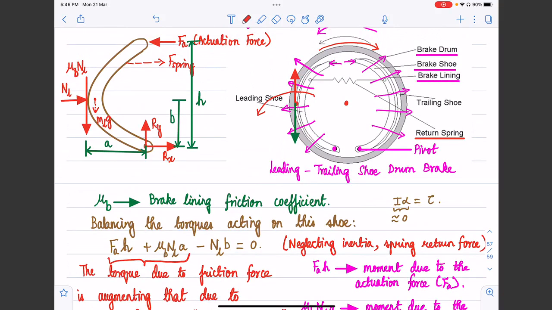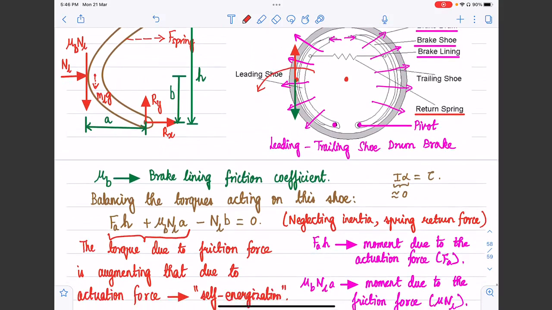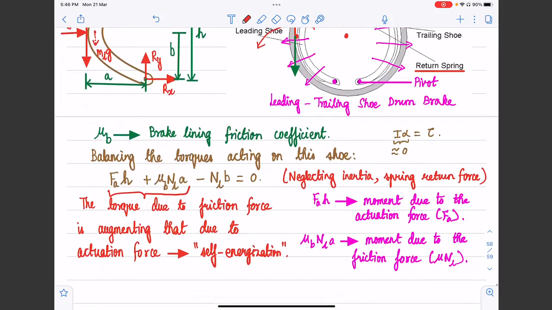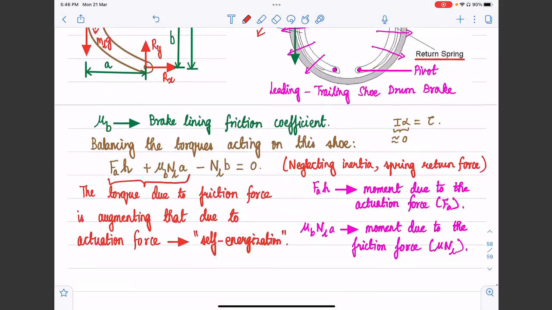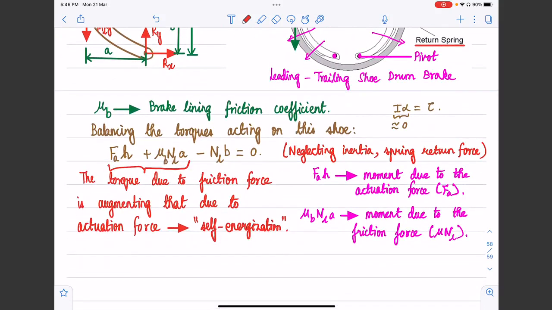It so turns out that this shoe is seemingly pulled further into the drum and provides more braking, due to this physics. So in a certain sense, it is energizing itself, in a very colloquial way. That is how this term is used, and the brake shoe in which this phenomenon of self-energization is happening is what is called a leading shoe.